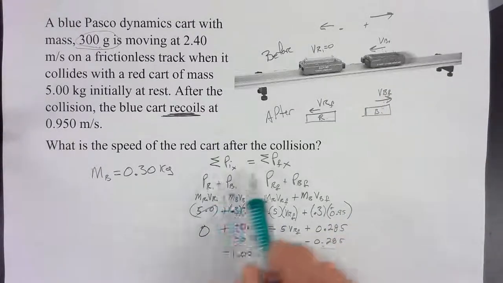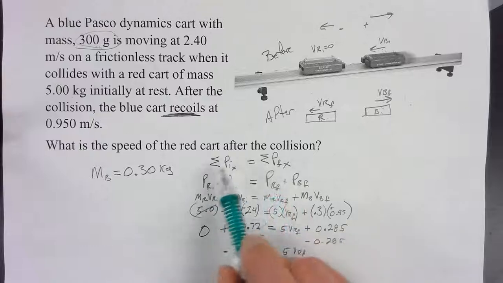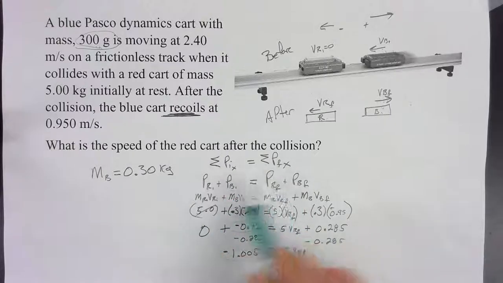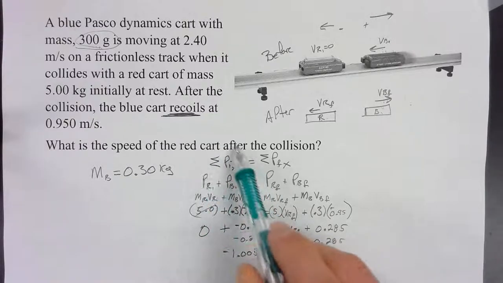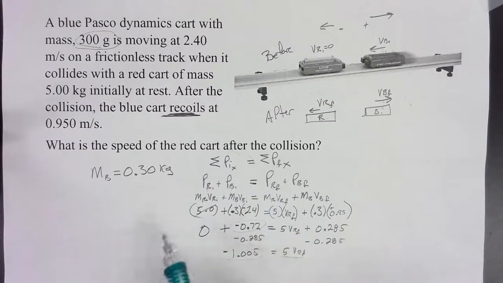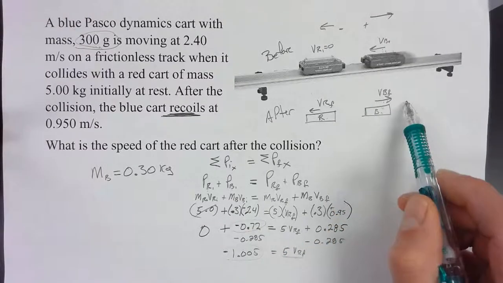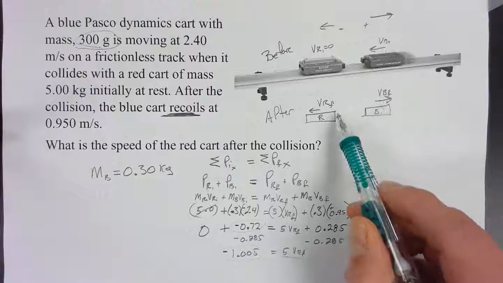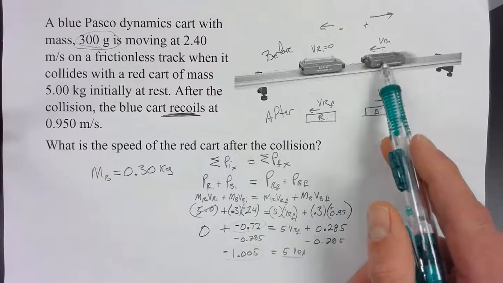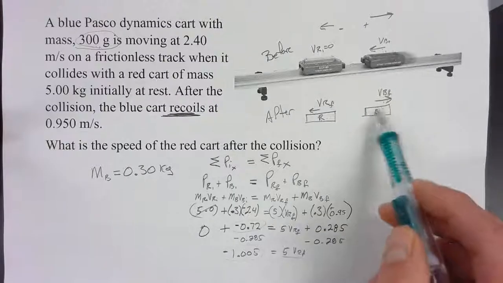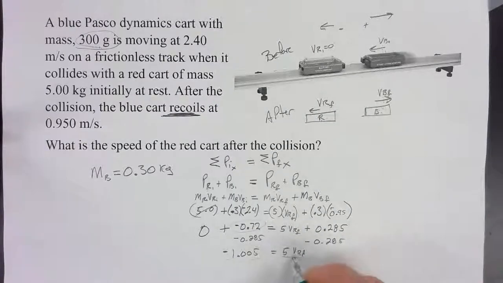And that's because it isn't that the momentum of one individual object has to stay the same or be bigger or smaller. It's that the group of objects, the system, has to have the same momentum. And since this blue cart bounces off, it has to give that red cart greater momentum than it had initially. Since it's taking some away, it has some oppositely directed momentum.